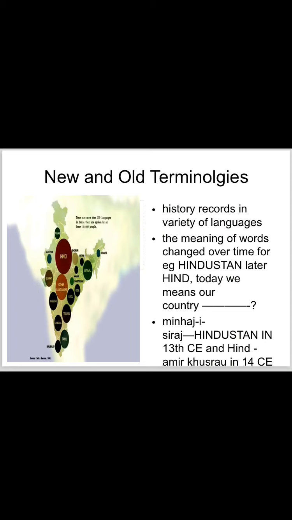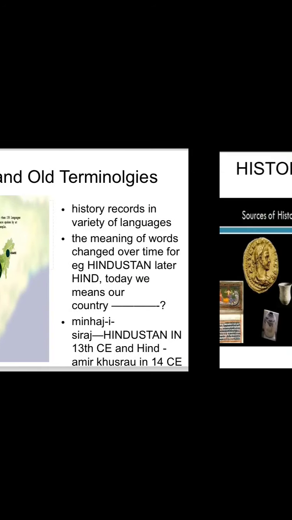Minhaj Siraj was a chronicler who wrote in the Persian language. The word Hindustan was used many times by the Mughal emperor Babur in his history, in the 16th century.